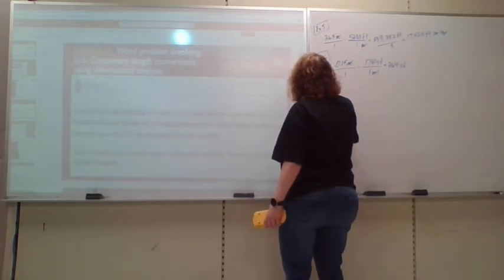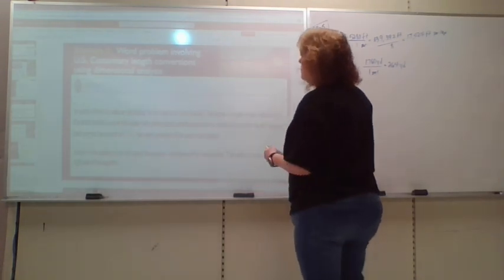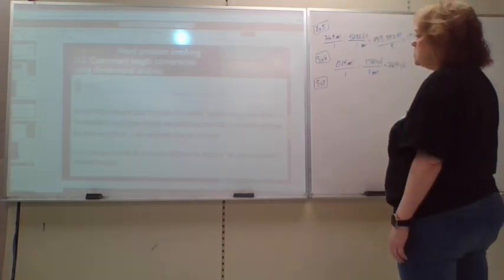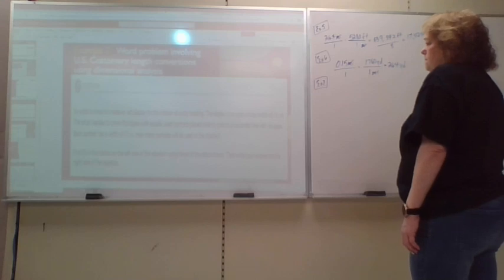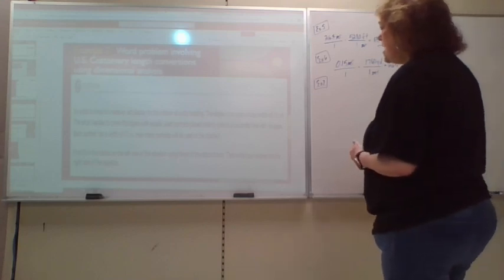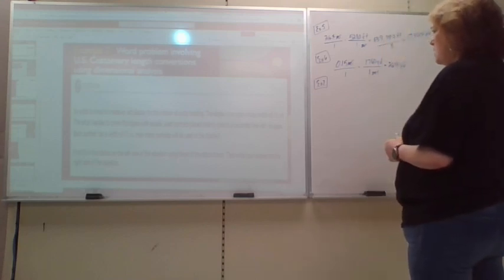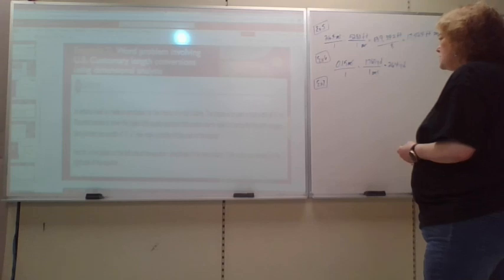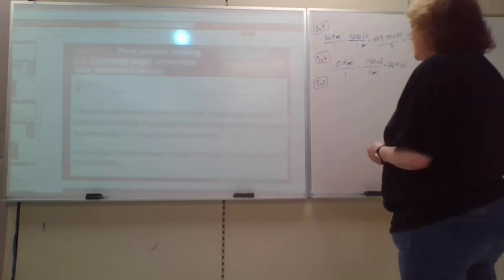Example 7, here we go. So we are doing a word problem involving U.S. customary length conversions using dimensional analysis. We have an artist who is hired to create an art display for the interior of a city building. The display is to span a total width of 14 yards.